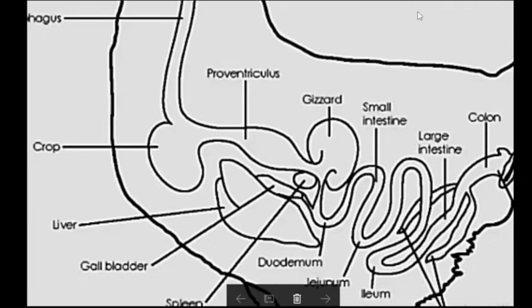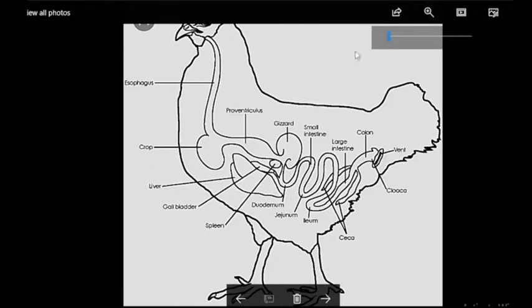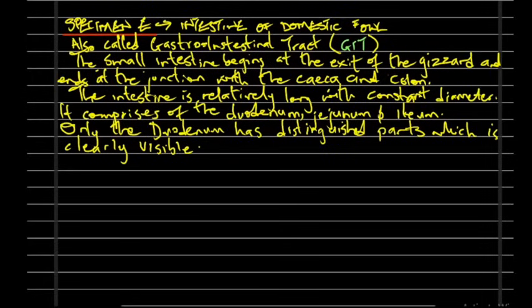So our next specimen is specimen F. Specimen F is the ginger rhizome.